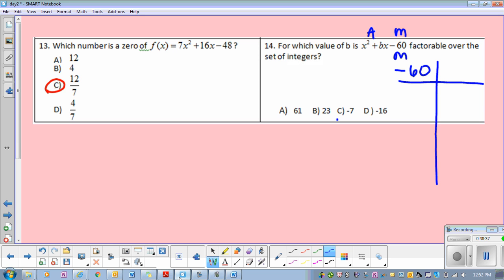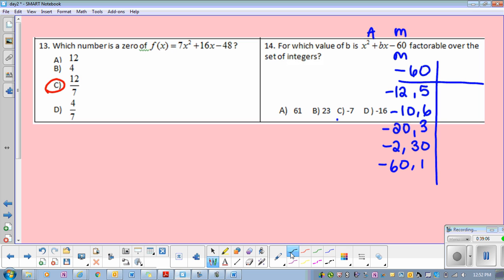All right. Well, let's see then. What did you use? Negative 12 and 5. That multiplies to give me negative 60. I could have used negative 10 and 6. What else? Negative 20 and 3, or the other way around. But anyway, you get the idea. You could have done negative 60 and positive 1.